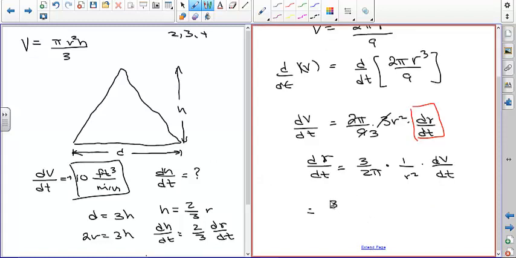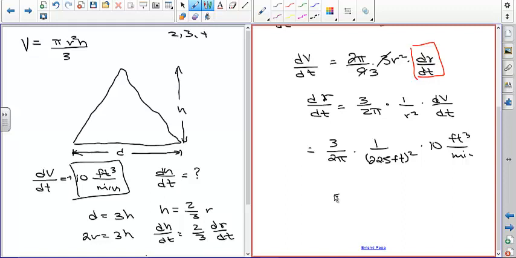So you get 3 over 2 pi times 1 over r, so that's 22.5 feet quantity squared times 10 cubic feet per minute.